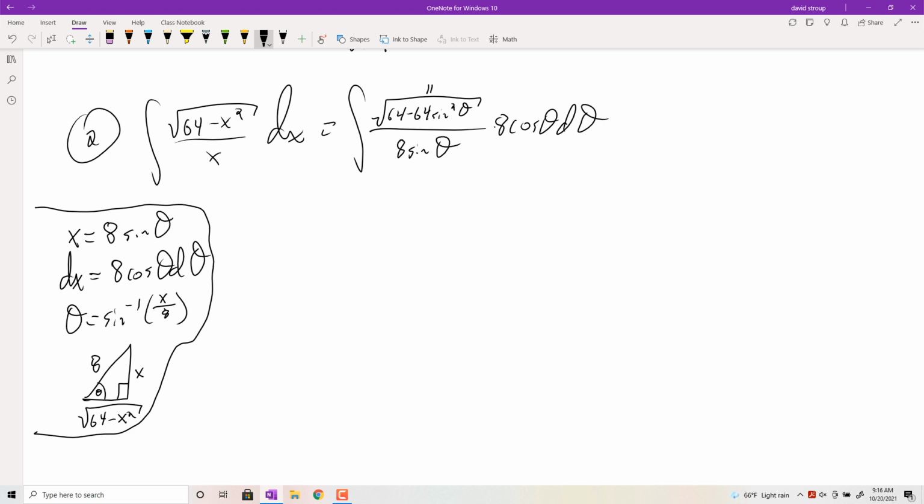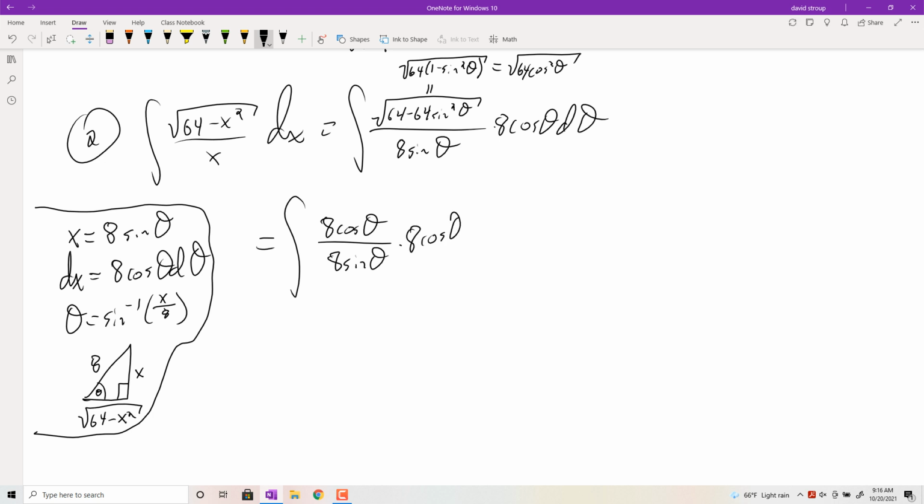Okay, this thing up top you can rewrite as the square root of 64 times 1 minus sine squared theta. Then you can replace 1 minus sine squared, of course, with cosine squared. So you get square root of 64 cosine squared theta. And then we could rewrite that by taking the square root. So you get 8 cosine theta all over 8 sine theta times 8 cosine theta d theta.